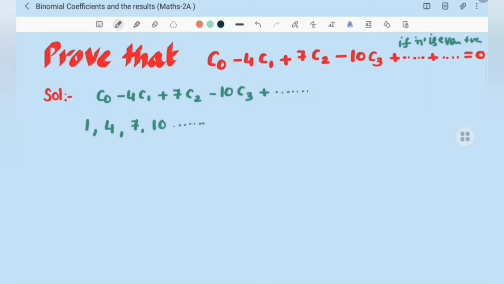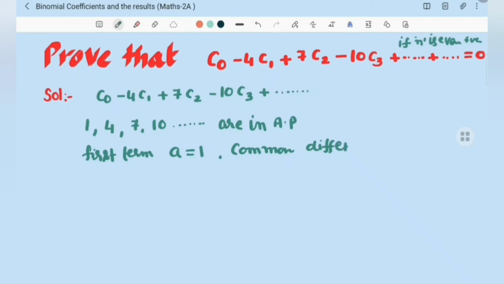By observing this series 1, 4, 7, 10 and so on, they are in AP. So the first term A is equal to 1 and the common difference D is equal to 3, that is 4 minus 1 or 7 minus 4.